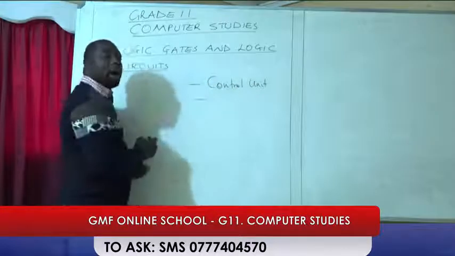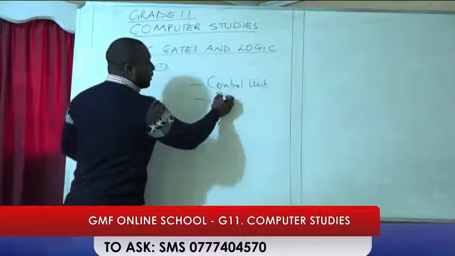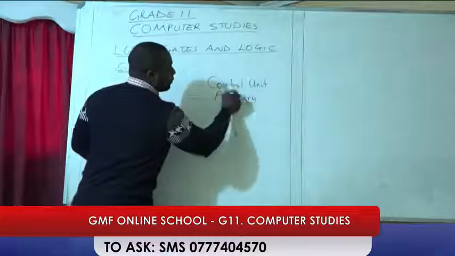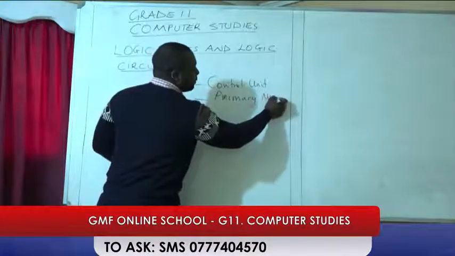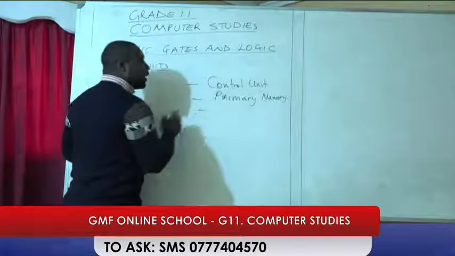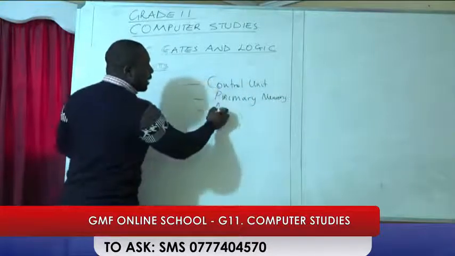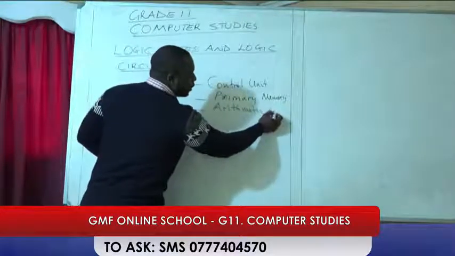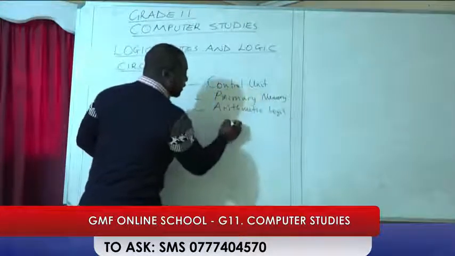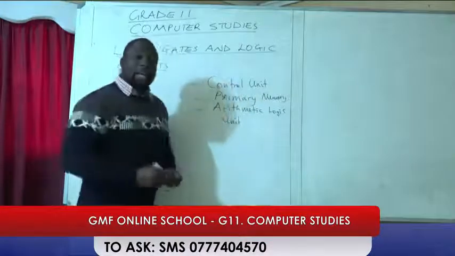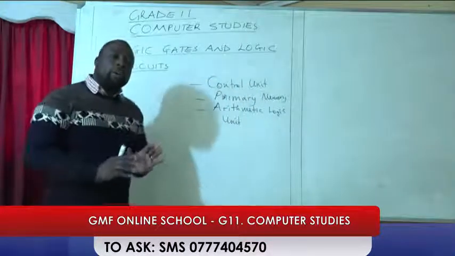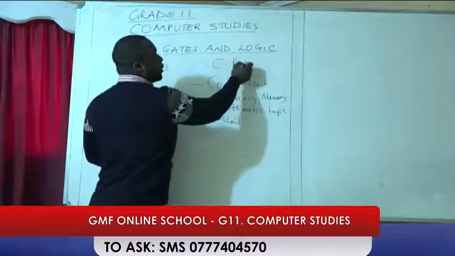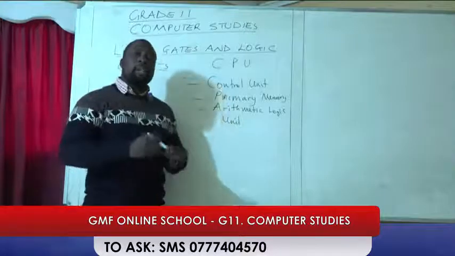Then we also have the primary memory. Then we also have the arithmetic logic unit. So class, these are 3 components that make up the central processing unit, or the CPU.